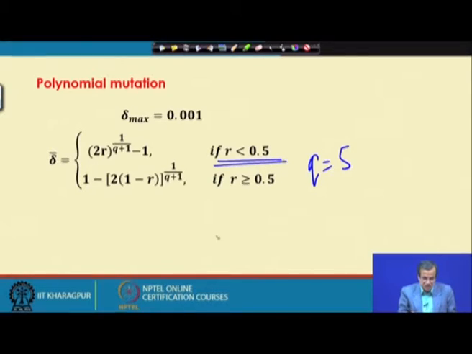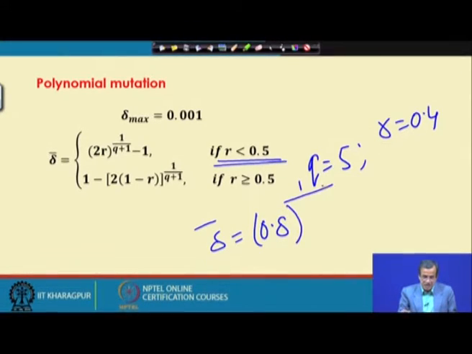Now, if that is the situation, your delta bar will be nothing but, r is 0.4, so this will become 0.8 raised to the power 1 divided by q equals 5 plus 1, that is 6, sorry, so 1 divided by 6 minus 1.